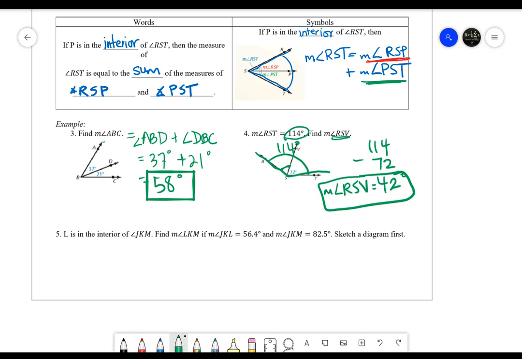Last, L is in the interior of JKM. Find measure of angle LKM if JKL is 56.4 and JKM is 82.5. Sketch a diagram first. So I'm going to make an angle.